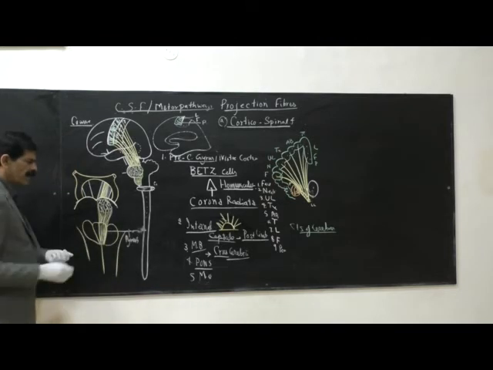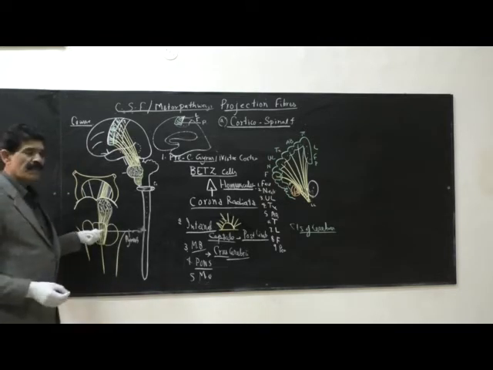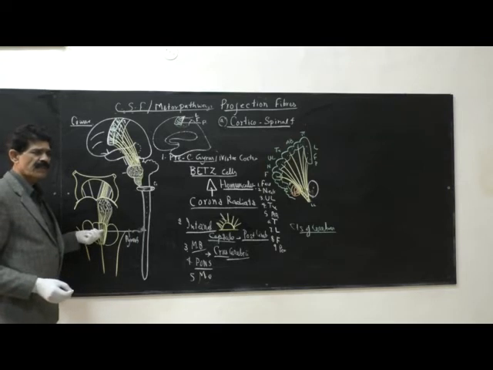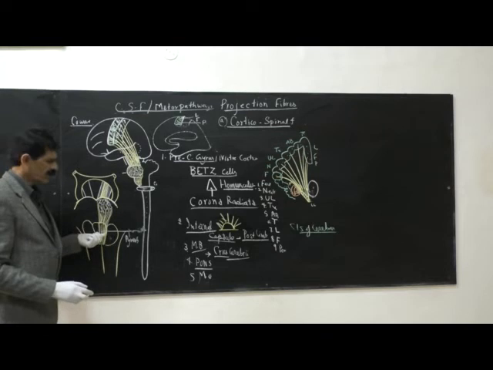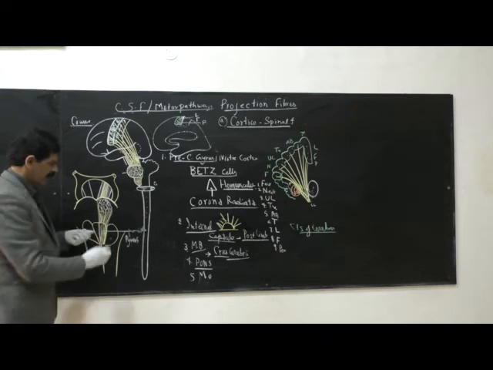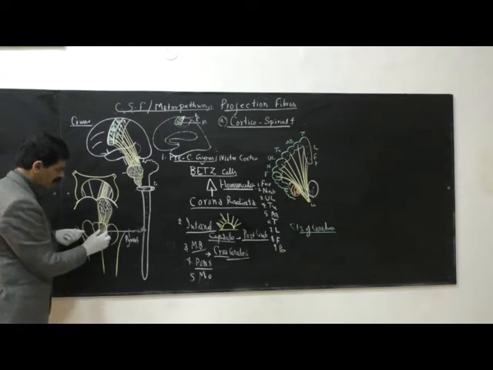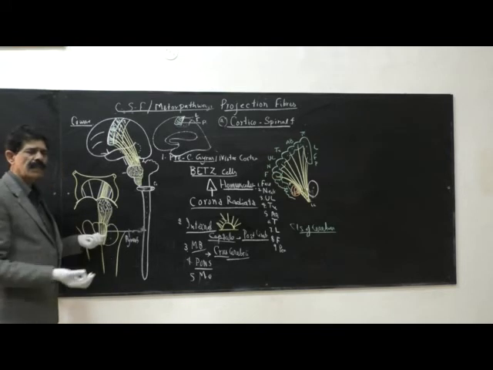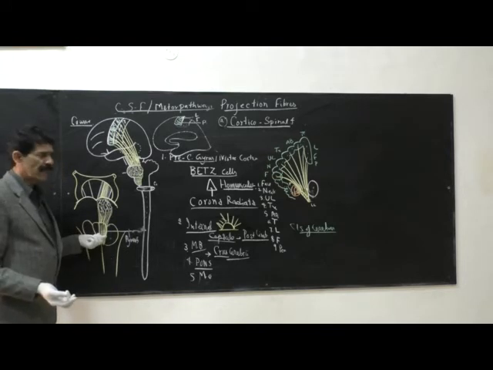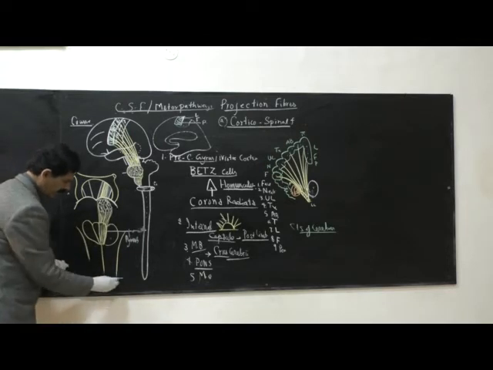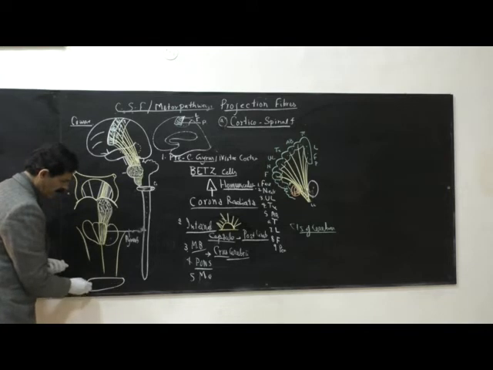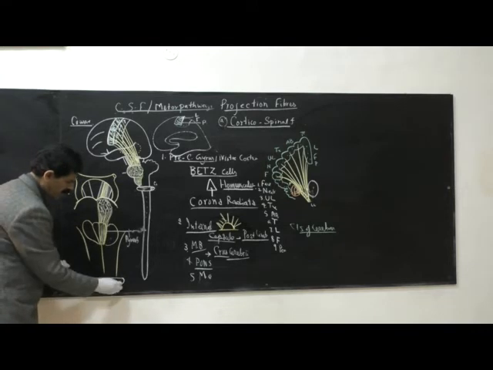So pyramid is nothing but the surface elevation on the ventral surface of the medulla created by the descending corticospinal fibers. Their shape is broad above, and below as they go they become narrow, so it is called the pyramid, a pyramidal structure. And this is the end of the brain, or the medulla oblongata, at the level of the upper part of C1 or the atlas.